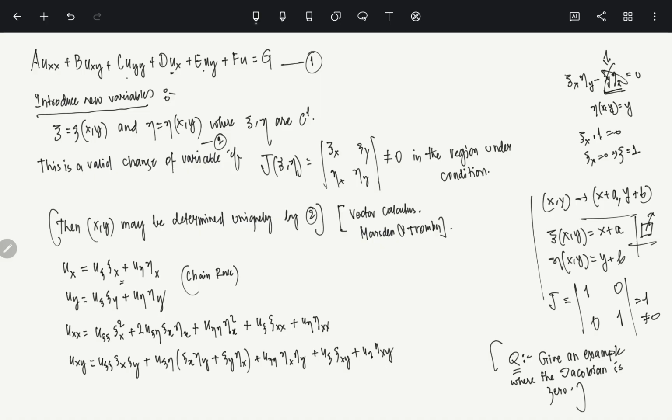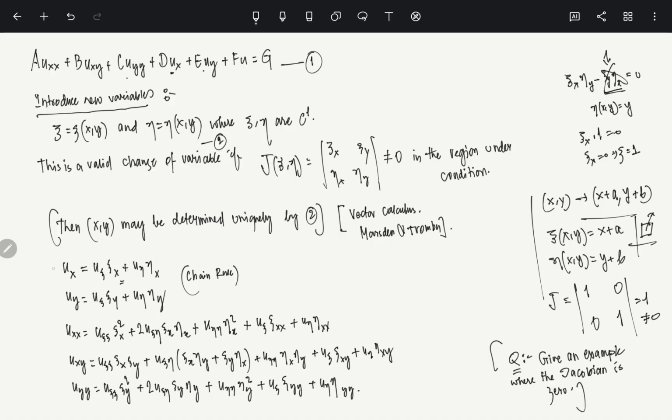It looks very big, I know, but let me do everything, and we'll see how it makes our life much easier. It doesn't look easier now. And uyy is u xi xi xi y square plus 2 u xi eta xi y eta y plus u eta eta eta y square plus u xi xi yy plus u eta eta yy.